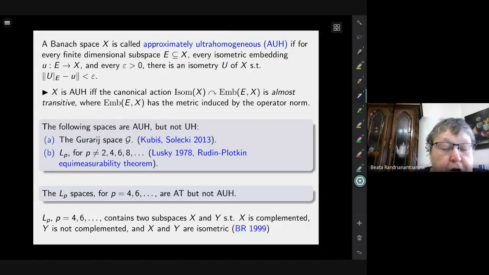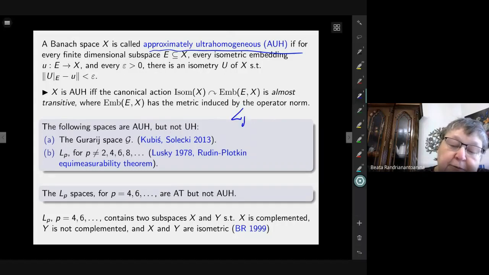Oh, I'm sorry. We actually don't know any examples of, so here we introduced an approximately ultra-homogeneous space, and we showed that the, no, I'm sorry, this is right. What we have is not written on this slide, I forgot that I didn't write it.